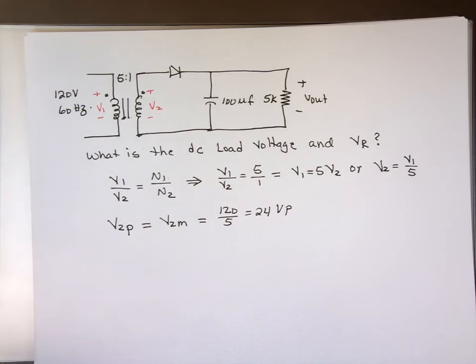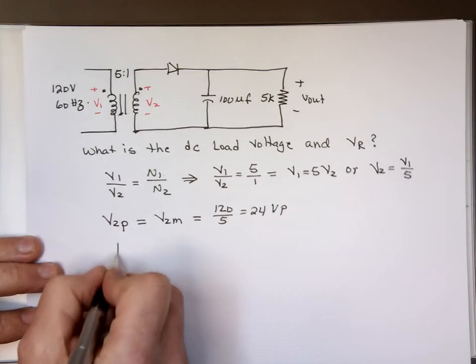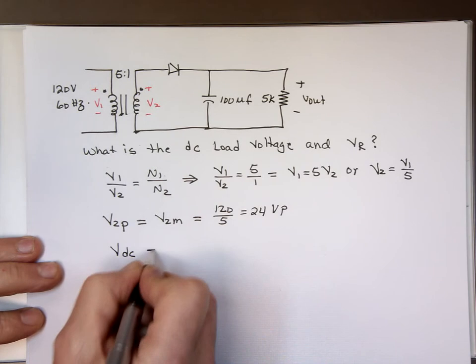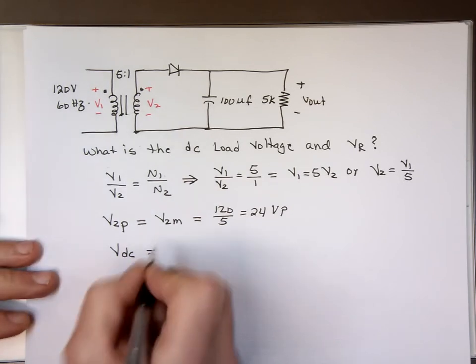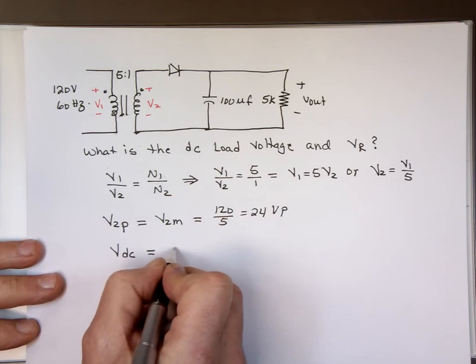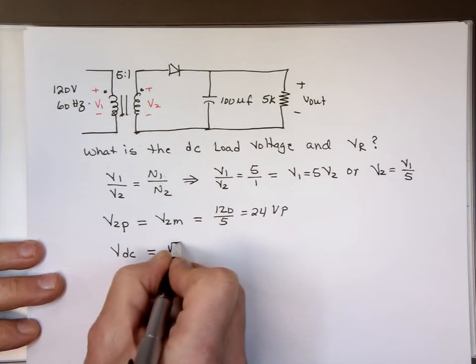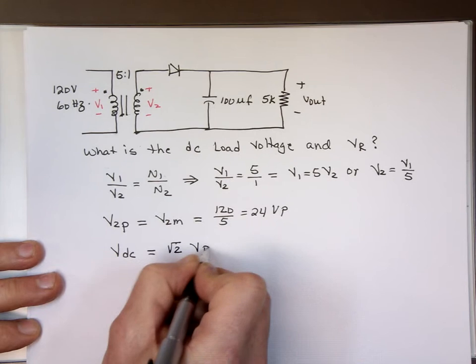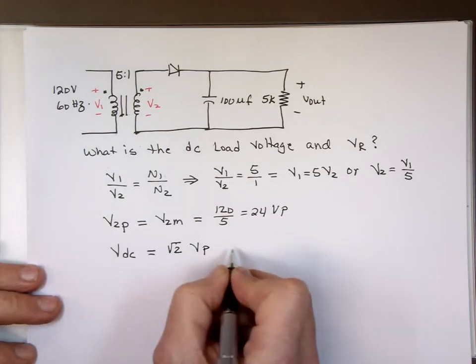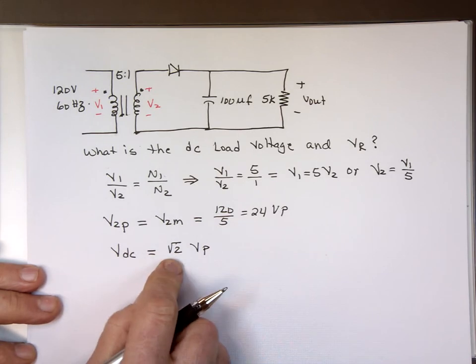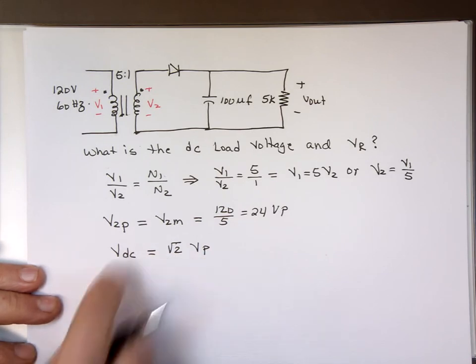The DC value, that's the RMS value from old slides. We said the RMS value is equal to what? It is the peak value times the square root of 2. So for a sine wave, cosine wave, it's always the square root of 2 times the maximum value to get the DC value.